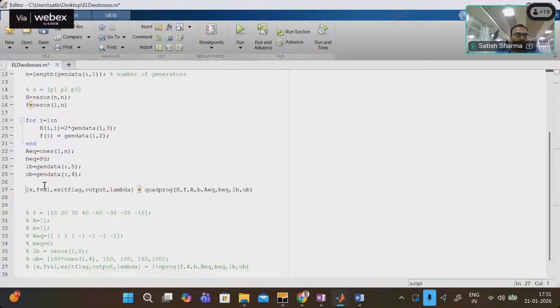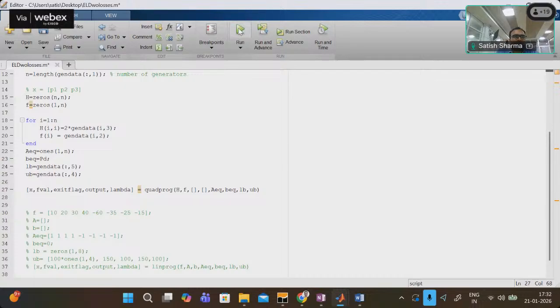The quadprog outputs are output parameters, and the input parameters we have defined. H has been defined, F has been defined, A is not defined, so I will place it here as well. There are multiple ways: you can define A and B above, or if they are empty, you can directly place them here.